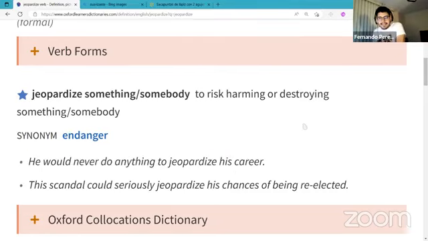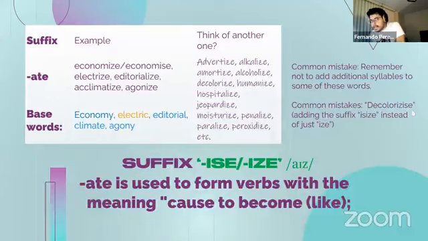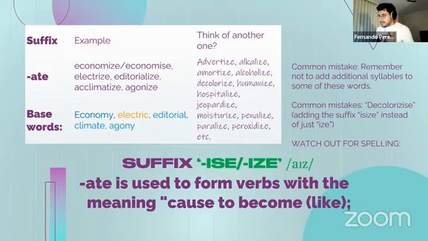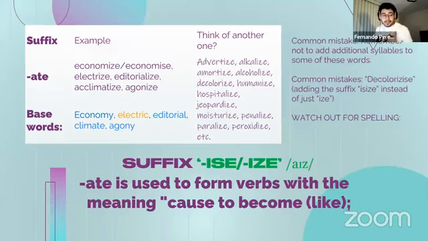Right? Something important about this suffix is to watch out for spelling. This is one of my biggest problems, especially for writing. And this is a personal tip I give you because I struggle so much with this. I have a lot of problems with spelling.